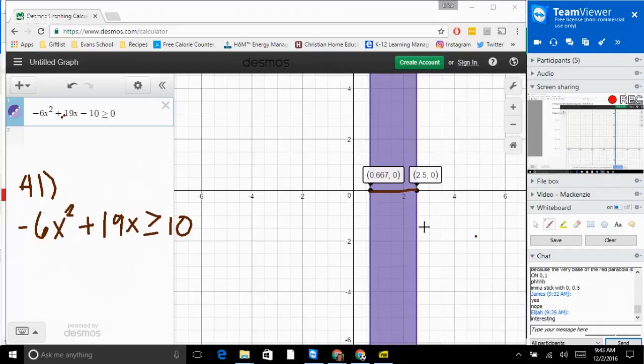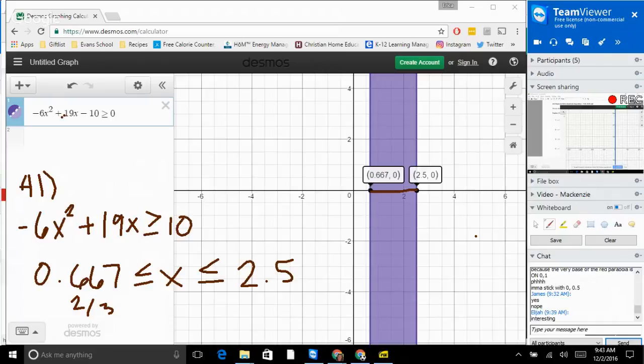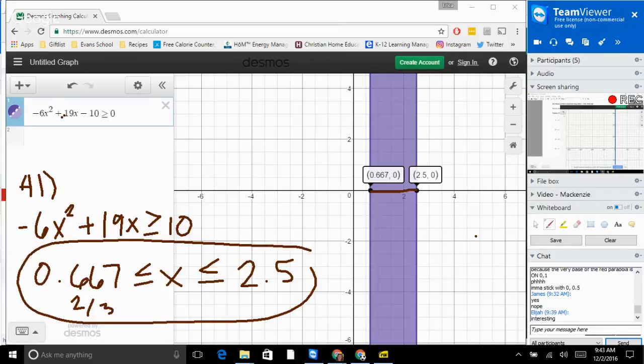If I wrote it as an inequality, I would say we have x, and we have 2.5. So x is less than or equal to 2.5, but it's greater than or equal to 0.667, or 2/3. These would be the values that make this original equation true as an inequality.